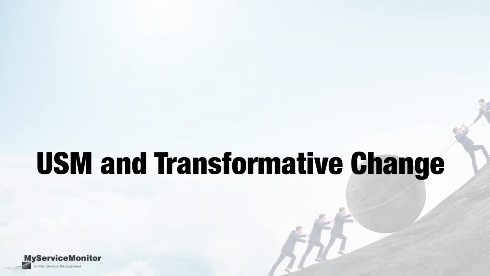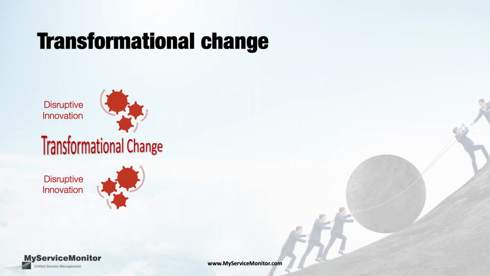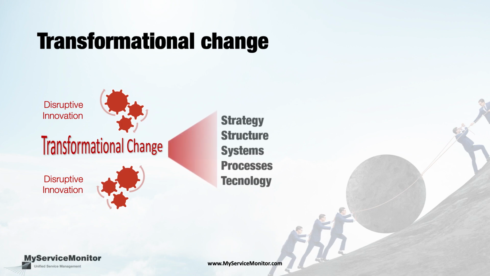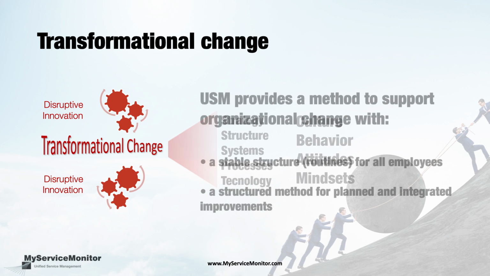Everyone's a service provider today, and this is driving transformational change across the enterprise. Transformational change involves a fundamental change in how an organization operates. It involves significant shifts in strategy, structure, systems, processes, or technology, and also shifts in culture, behavior, and mindsets.